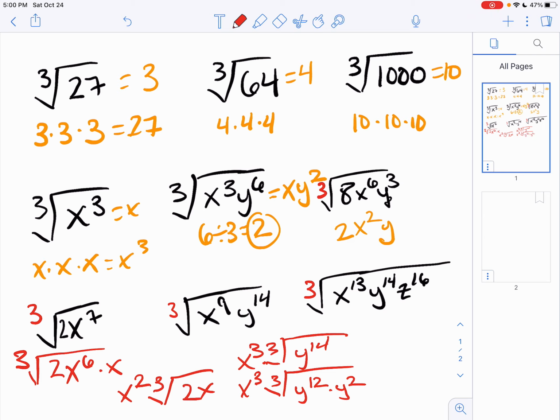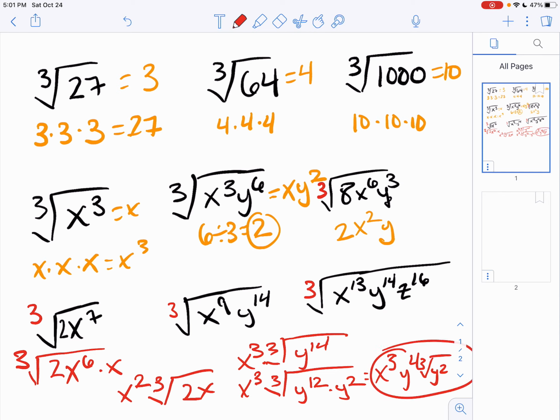Because don't forget, when we multiply two things with the same base, we add the exponents. So 12 is divisible by 3, and 12 divided by 3 is 4. So y to the 4th comes out. What we have at the end, our final answer, is x to the third, y to the 4th, cubed root of y squared, because we cannot do anything else with this.